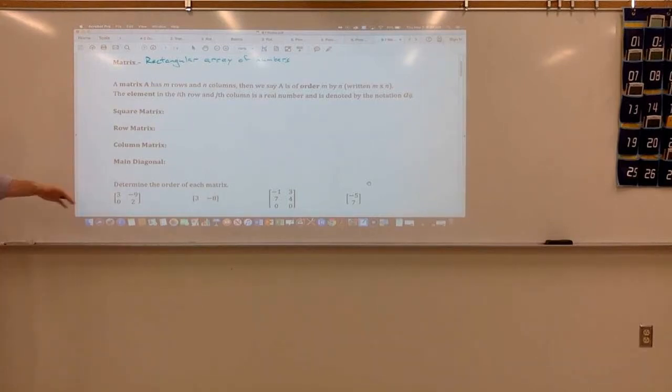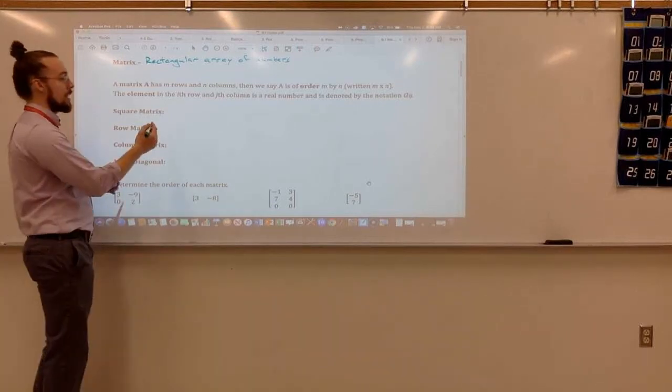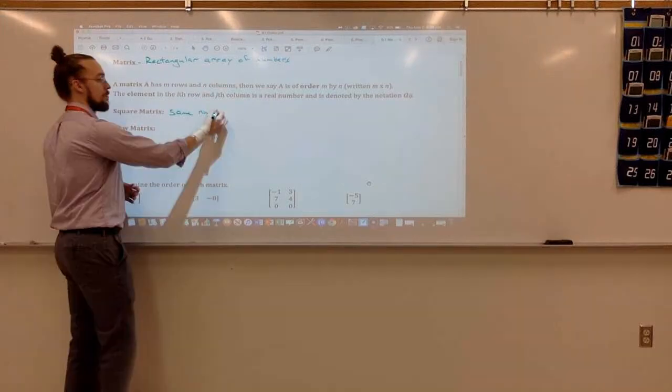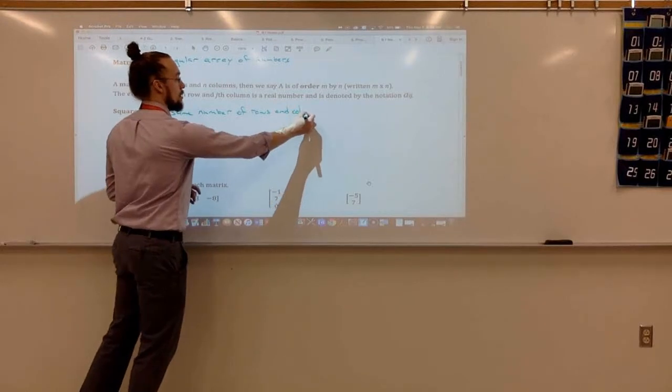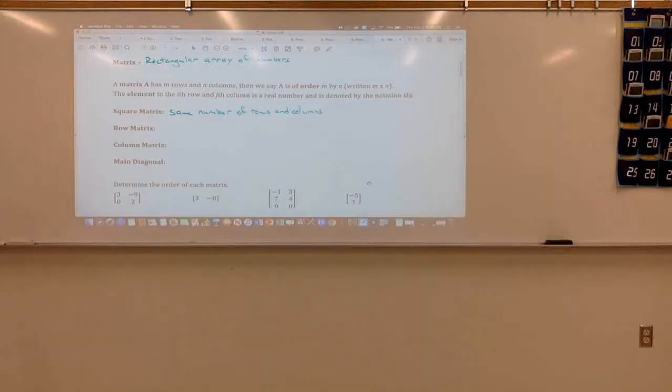So we've got a few different types of matrices. A square matrix is just where we have the same number of rows and columns. So that could be a 2x2 or a 3x3 or a 4x4 or a 5x5 matrix.